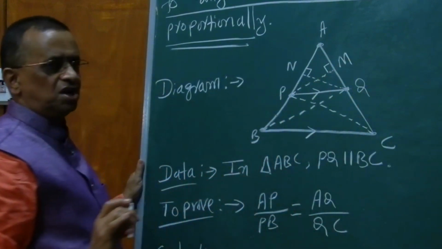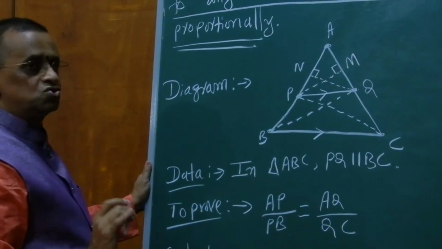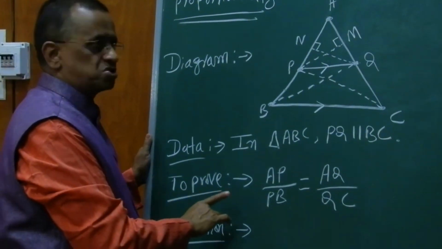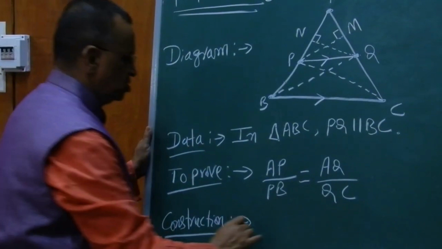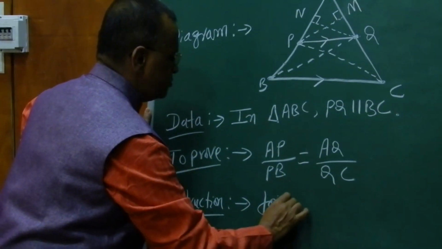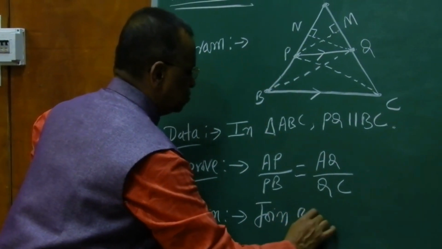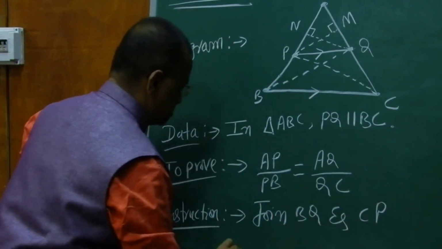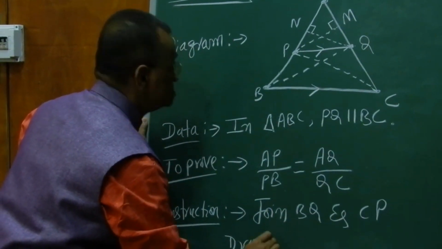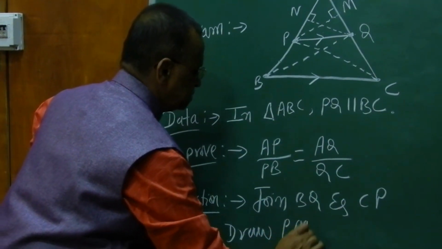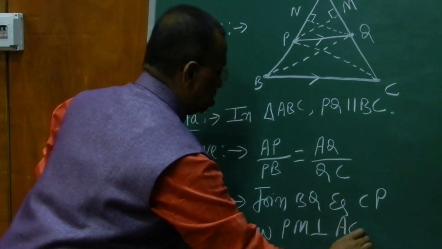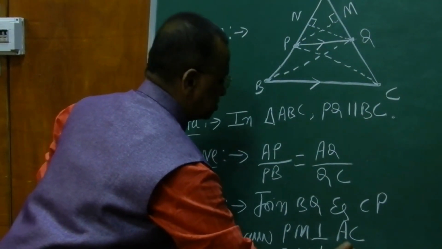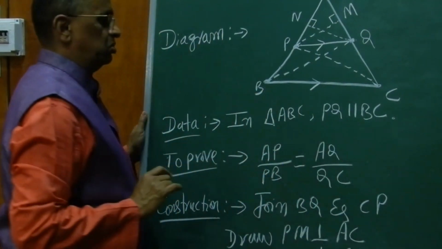This is the construction required. So we have to write the same thing in construction: join BQ and CP, draw PM perpendicular to AC, QN perpendicular to AB.